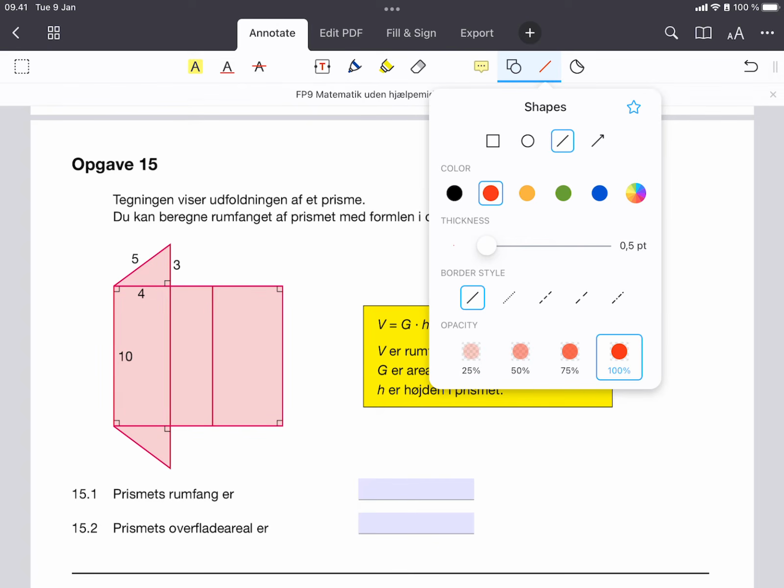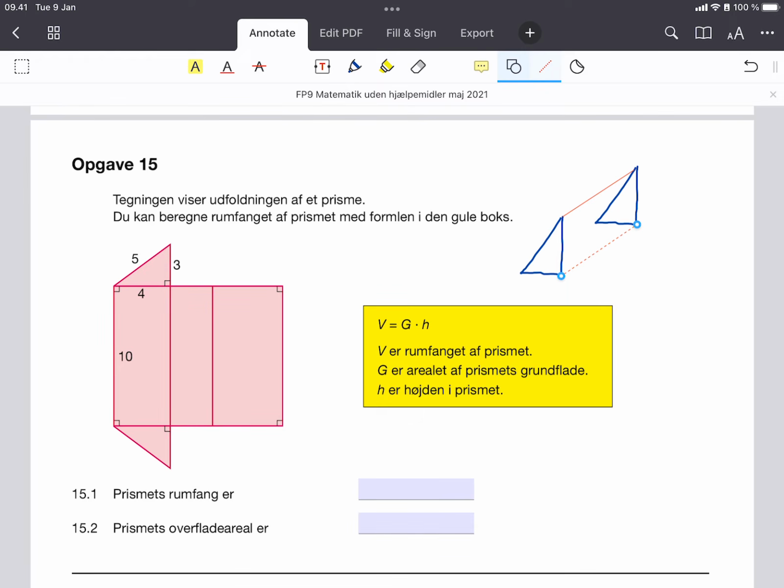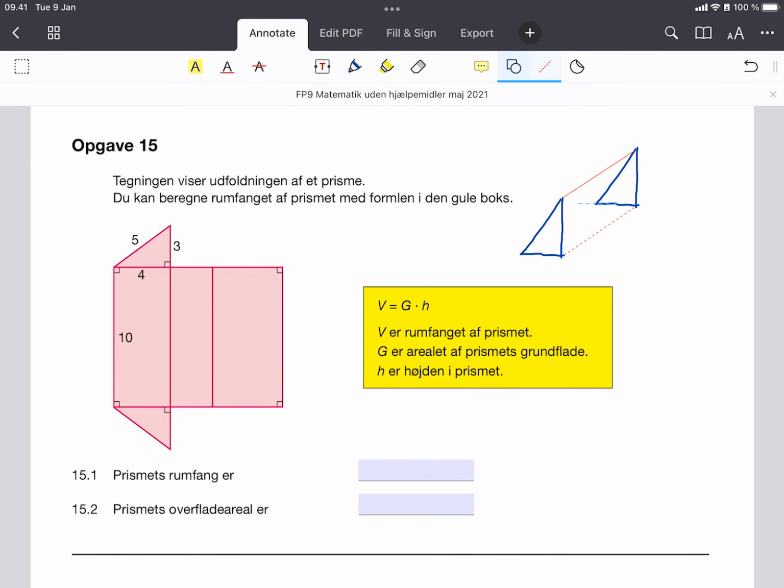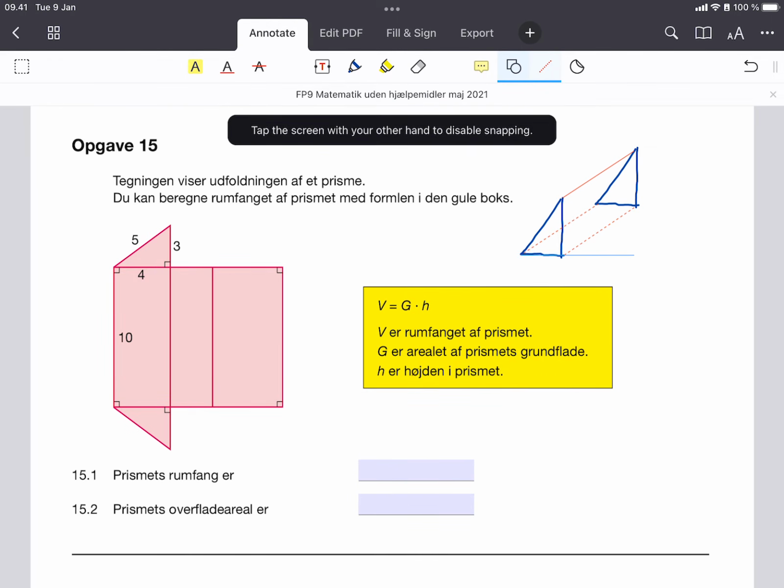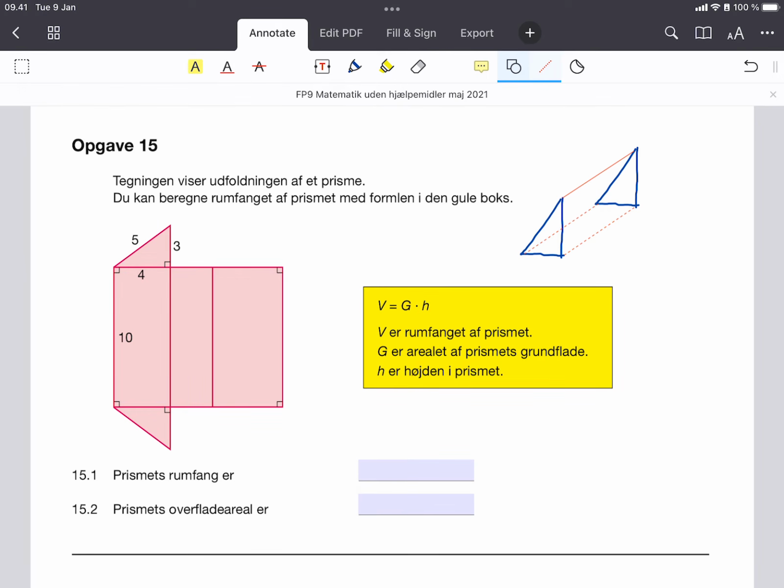And I wonder if I can do a dotted one. Yeah, lovely. There we go, and a dotted one at the back you can't see. So a prism is a shape that's got the same at the front, the same at the back, and if you slice it somewhere along the middle, it'll be the same there.